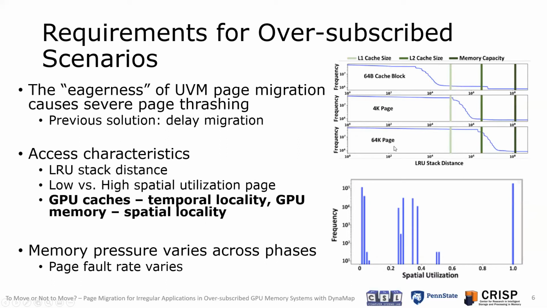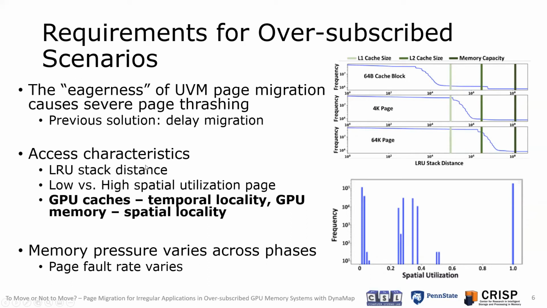Furthermore, we examine the spatial locality of the same application. You can clearly see there is a large number of pages with very low spatial utilization, and most of them are surfaced from the GPU caches. So this result suggests the need for tracking and migrating pages at finer granularity, and also not migrating pages with low spatial usage.